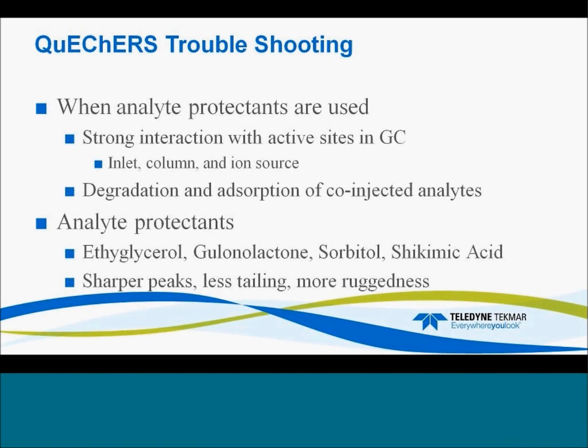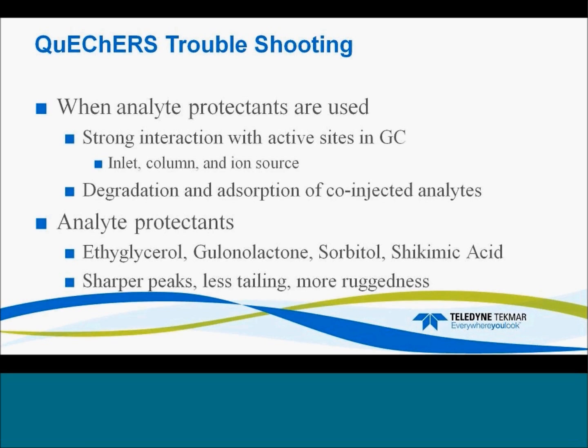One thing that people have been doing is using analyte protectants. Analyte protectants are basically used when running on a GC, due to the strong interactions with active sites in the GC, such as in the inlet, column, or ion source. Sometimes you'll see degradation, absorption of co-injected analytes.